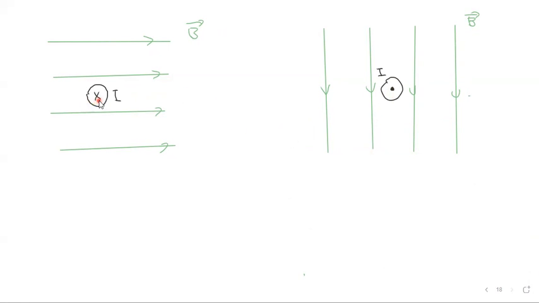Now, around this cross and around this dot, we have a circle. So this circle here, that I'm going to outline here in blue now, this is just representing the fact that this is the wire. So this is the wire itself. So that cross and that dot is actually representing the current now.